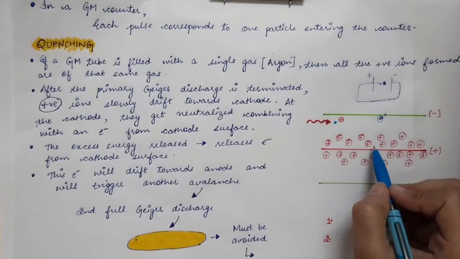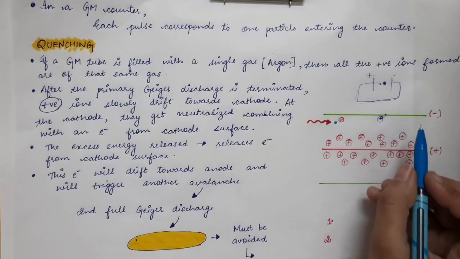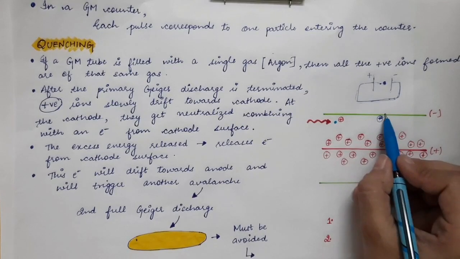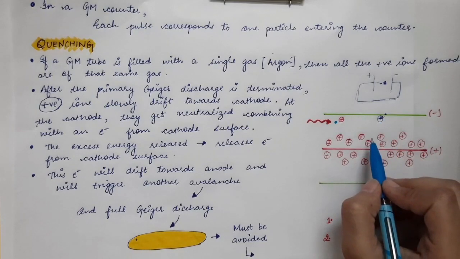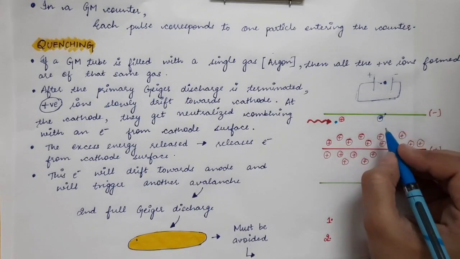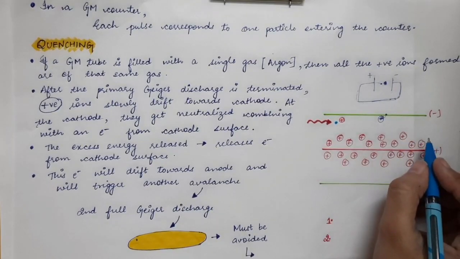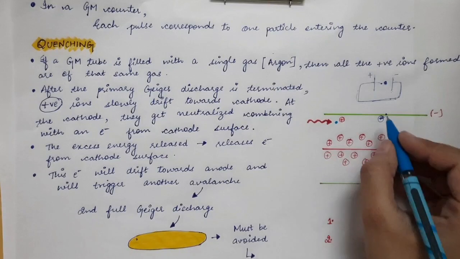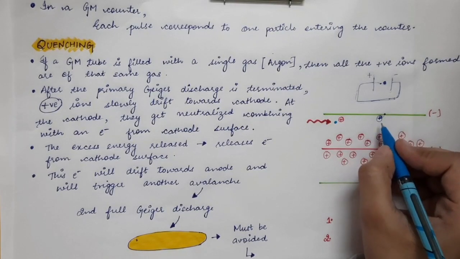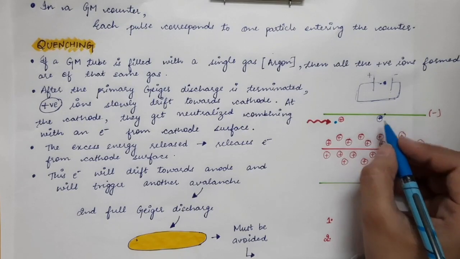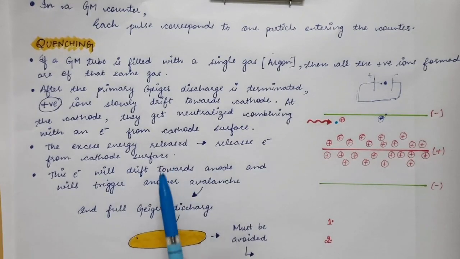In this case also the same thing will happen: when the positive ions reach the cathode wall, they take one electron from the cathode wall and get neutralized. But what happens in addition to this process in this GM tube? As we have applied high voltage to this GM tube, these positive ions hit the cathode wall with some energy, and this energy releases electrons from the cathode surface.